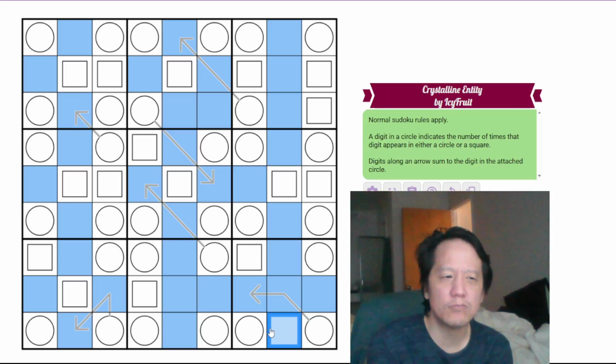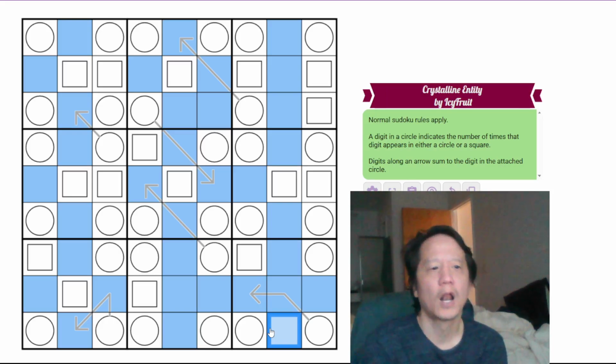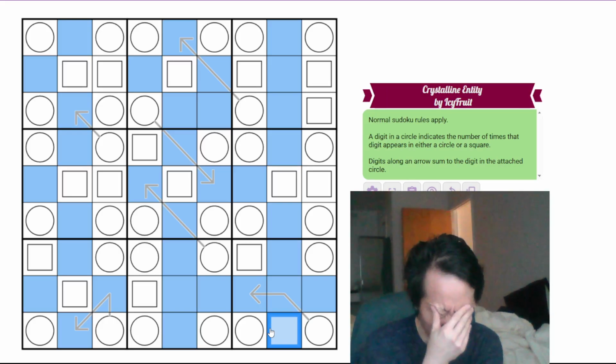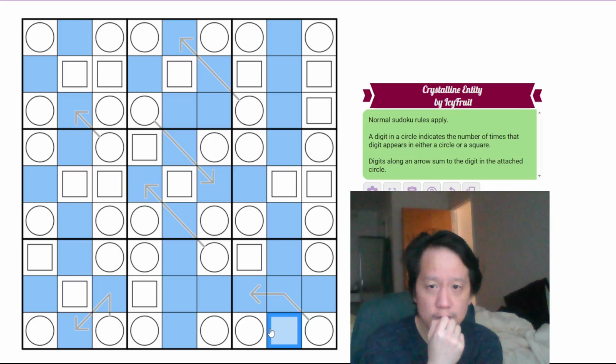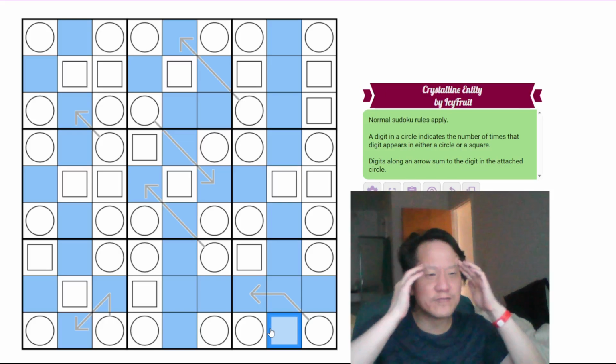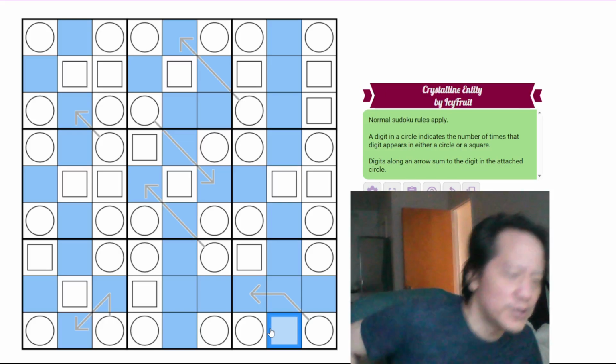How does that work? Oh. That means certain things cannot be in a circle. Oh, that's fascinating. Okay, I wasn't thinking about that.